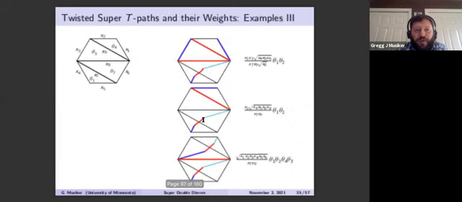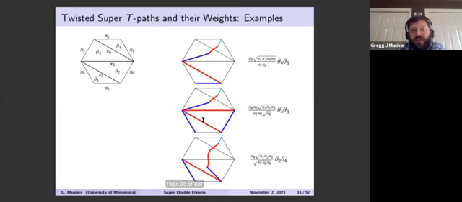Let me back up for a moment. So if I focus on these examples involving the twisted super T paths, another way of stating what you were just asking about is that when you do a combination of, let me put it in black, when you do a combination of a sigma step, which has to be immediately followed by a teleportation tau edge, followed by another sigma step, you can think of these three steps together as one unit.